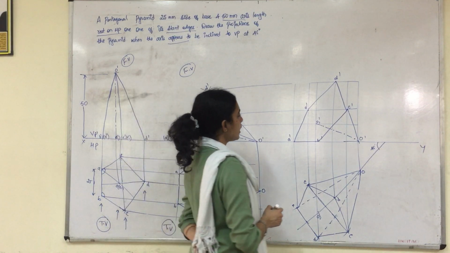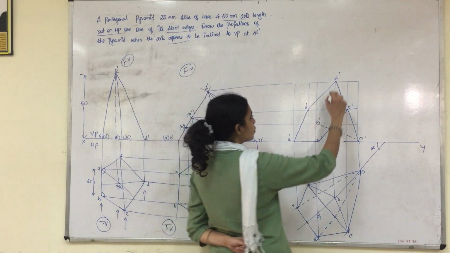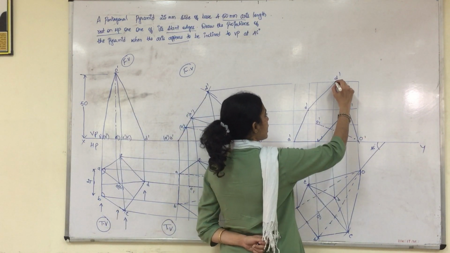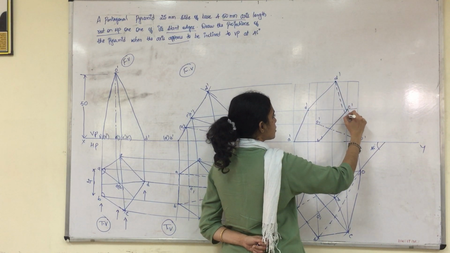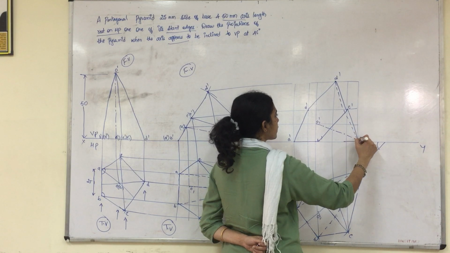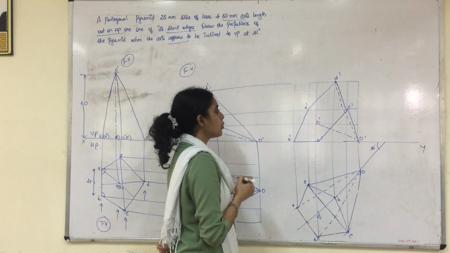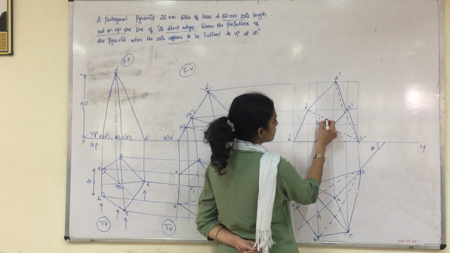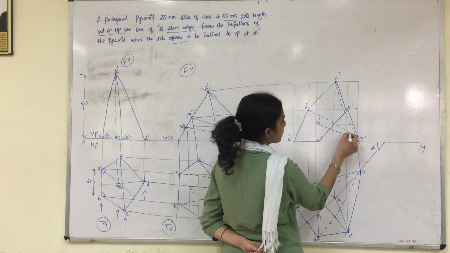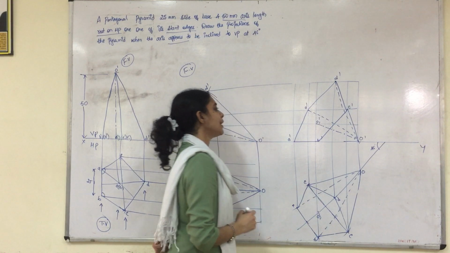And along with that we have the projection now coming through inside the surface. So which is that D dash to C dash. So this will be hidden. And we have one more projection coming through E dash to O dash. This will be hidden.